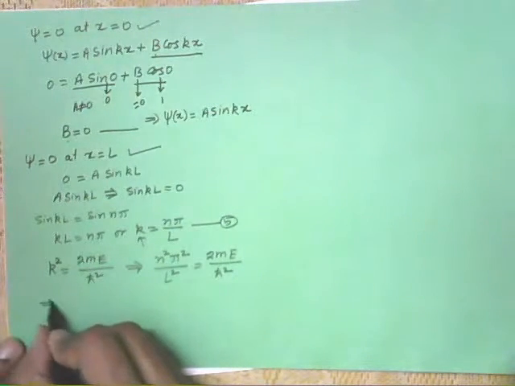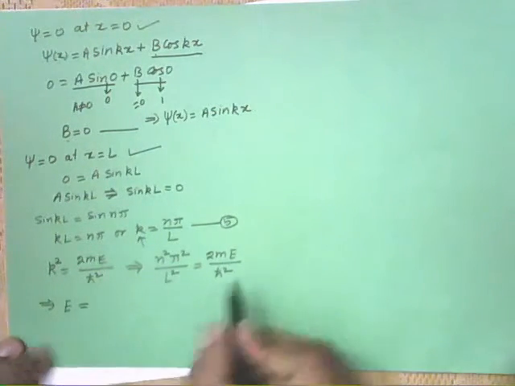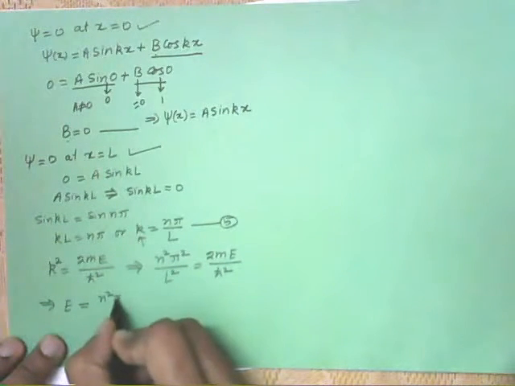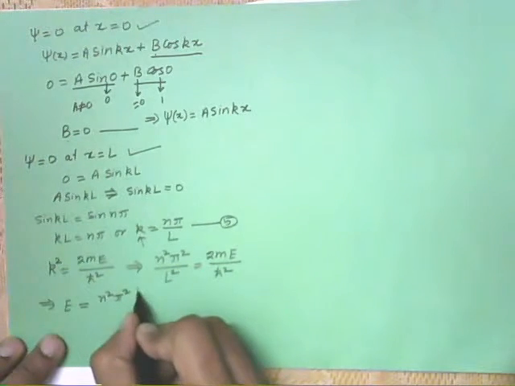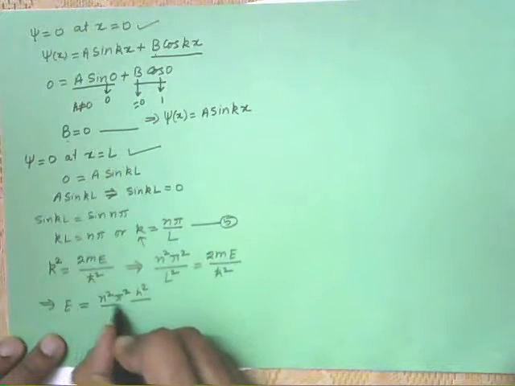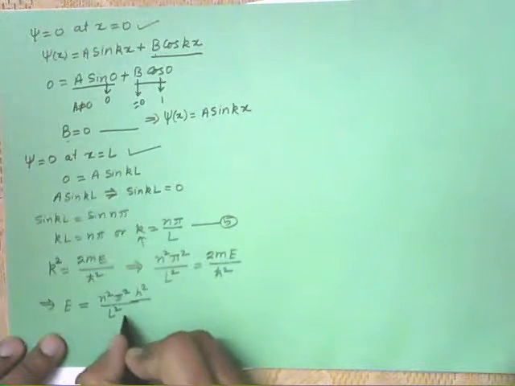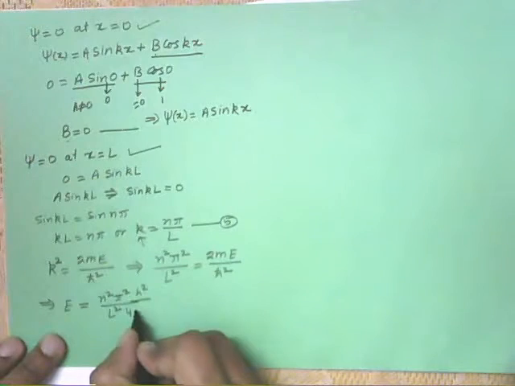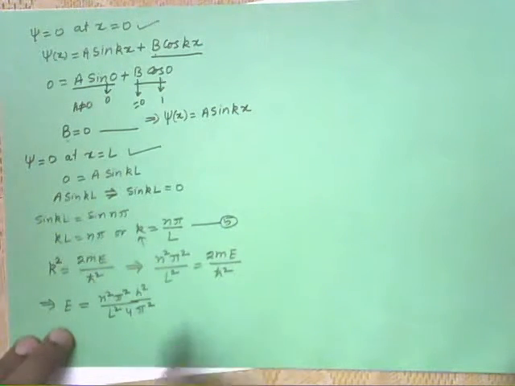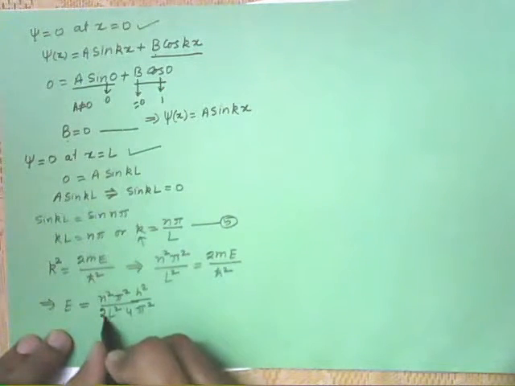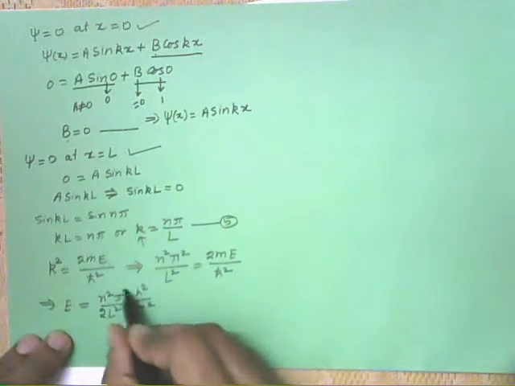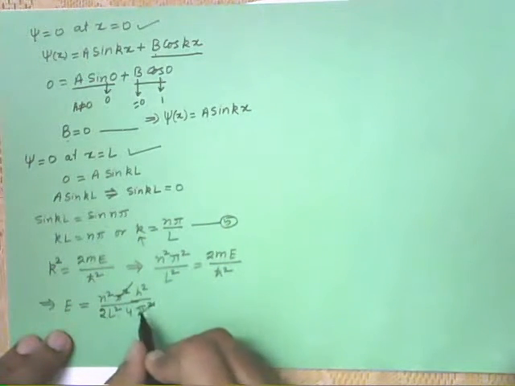So E is equal to n square π square h square upon 4π square, and this is L square, 4π square, and 2 into L square into 4π square cancel out.